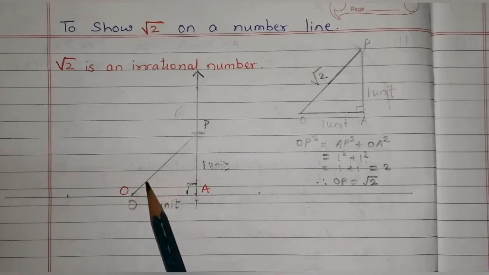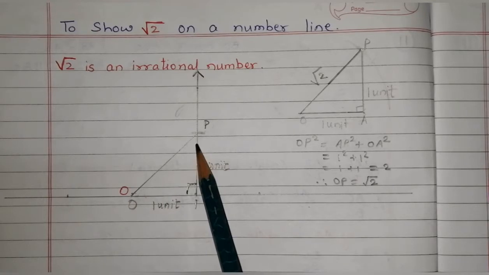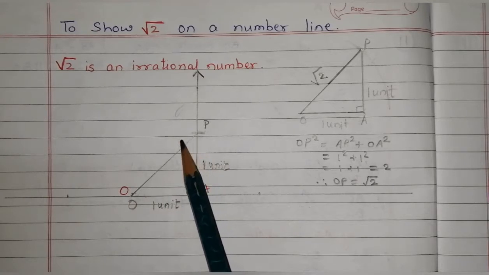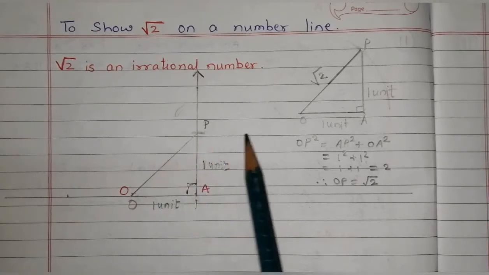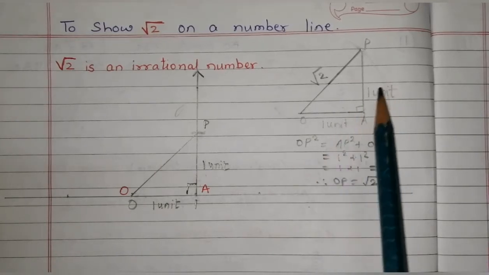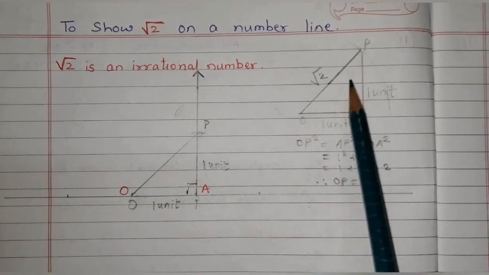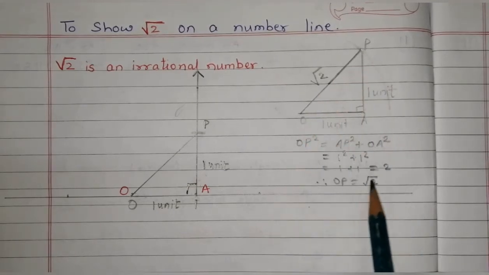Now this distance OP is equal to root 2 as we have understood over here. If these two segments are 1 unit each, OP is root 2 by Pythagoras theorem.